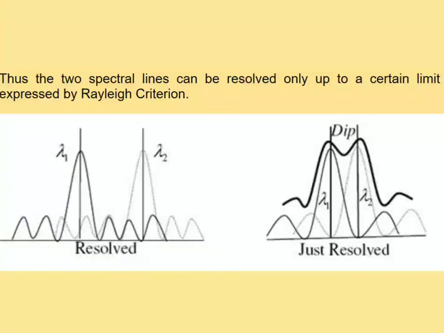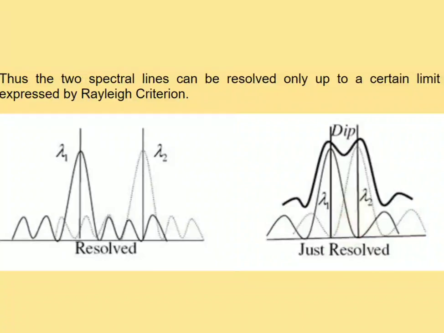It is a clear picture when you observe that the central maxima of one spectral line coincides with the first minima of the other. That means the first minima of lambda 1 is formed at the central maxima of lambda 2.